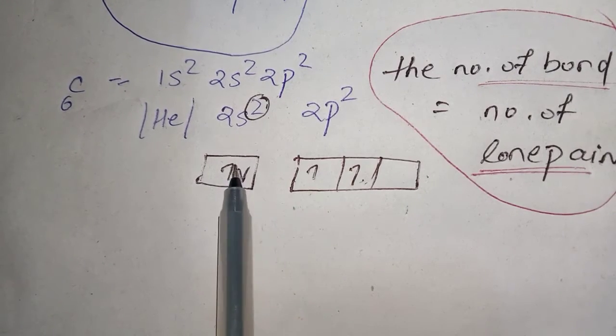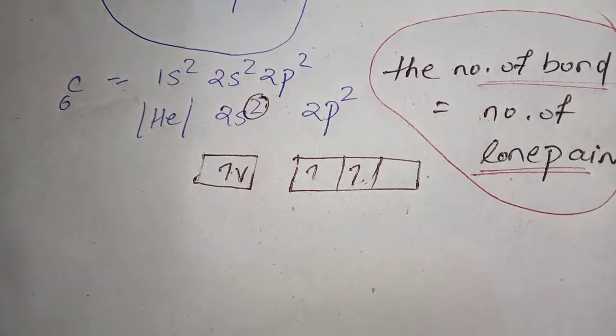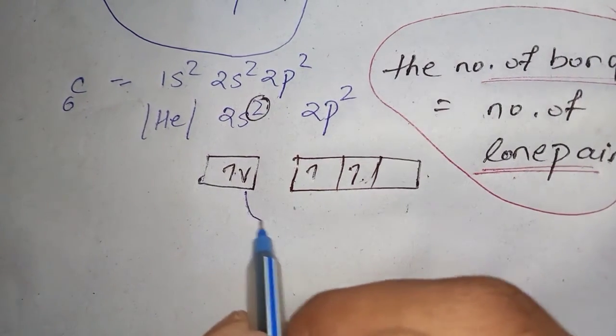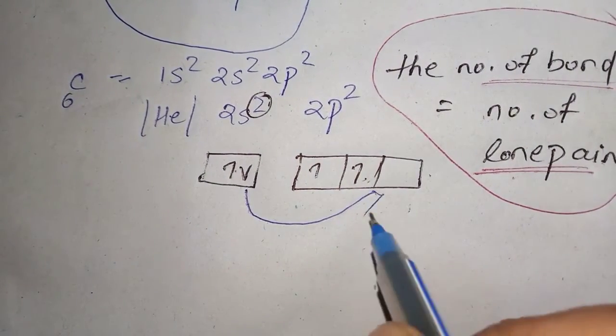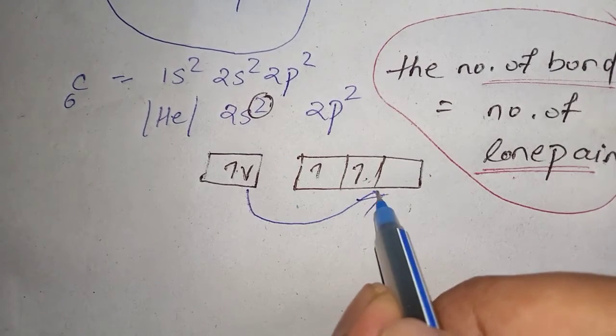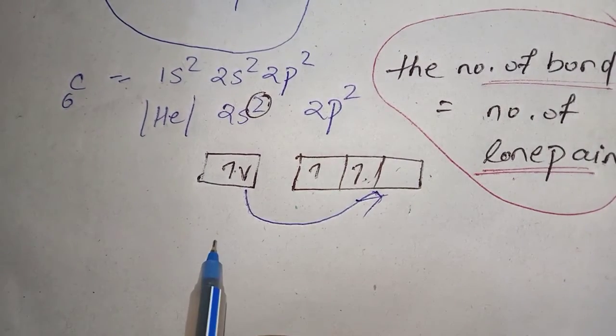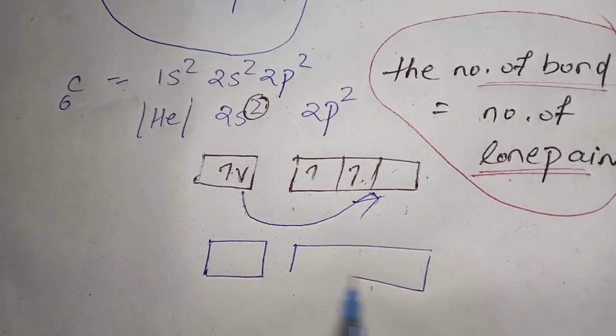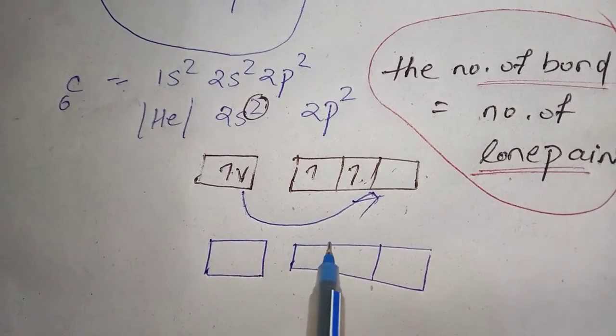So in this case the excitation will take place. If the excitation takes place, one electron from 2s will be transferred to 2p, and in the next step one electron is transferred.